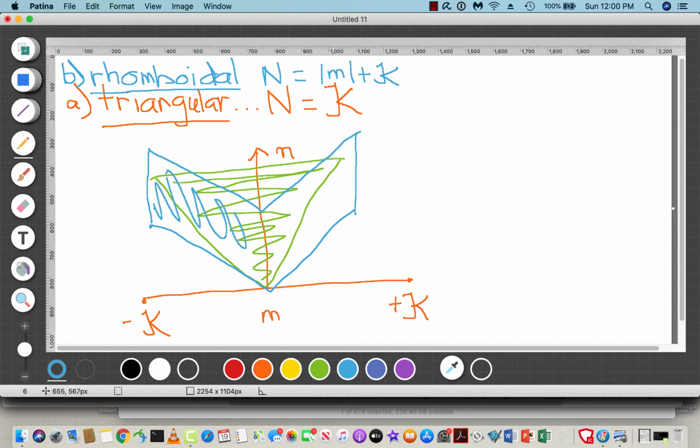And curiously, the blue shape that I've just drawn is a rhomboid. So this is what the truncation choices are called, triangular or rhomboidal. Judging by what I've seen in my massively long career, mostly we see triangular truncation.